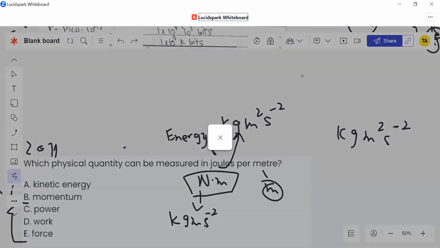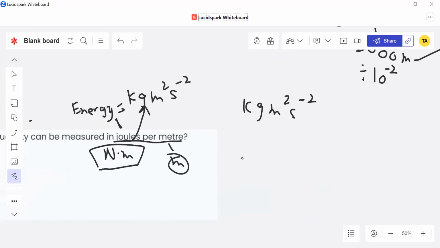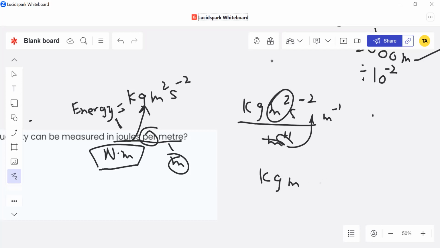Now, they're saying that it's joules per meter, right? So joules divided by meter. Per means you divide. So what can I do? Now, this is positive 1. When I move it up, it becomes m negative 1. So when m negative 1 and m2 add up, I get m. So kg m s negative 2, right?